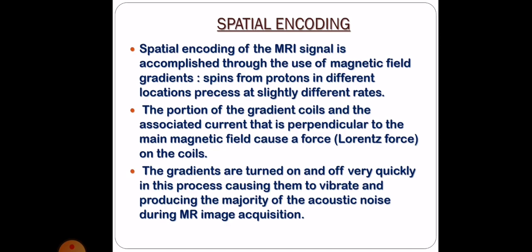These gradient coils are very important. The gradients are turned on and off very quickly in this process, causing them to vibrate and producing the majority of the acoustic noise during MR imaging acquisition.